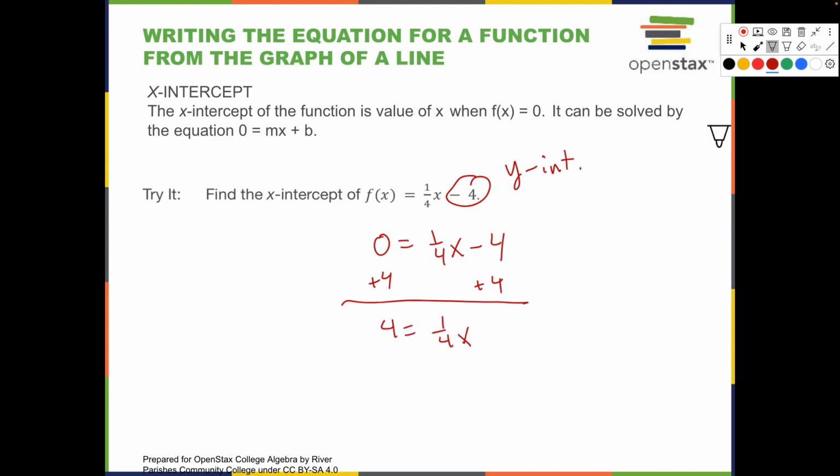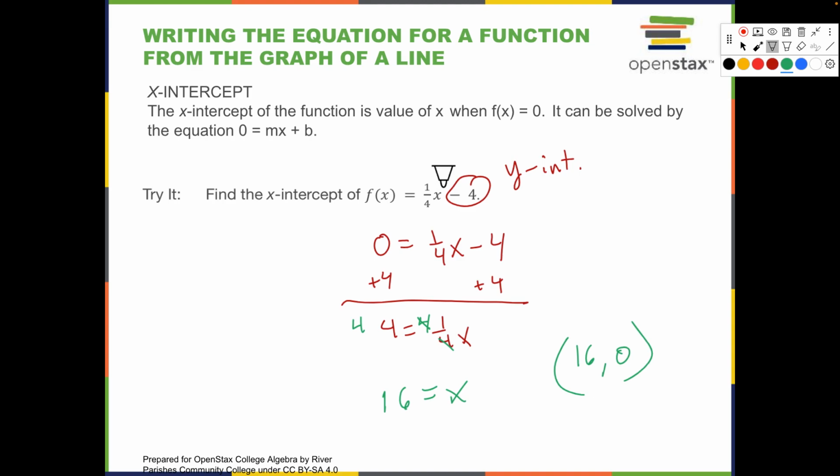And then we multiply, in this case, both sides by 4. 4 divided by 4 is 1. 4 times 4 is 16. And so we get an x-intercept of 16, 0.